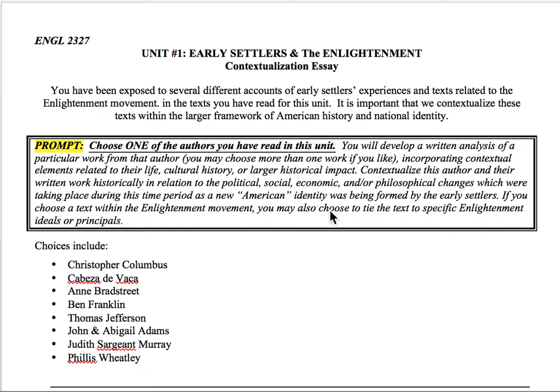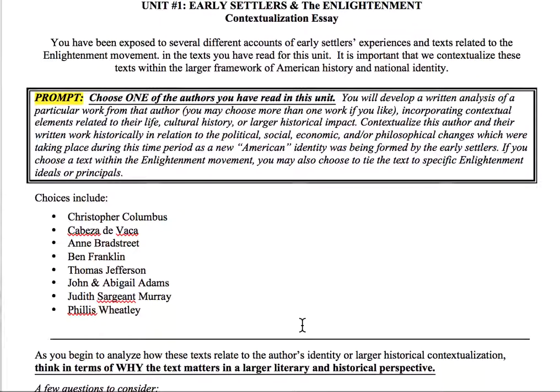But you'll be looking at the text and really examining how they portray or illustrate certain concepts from early American settlement and ideas. So basically what you're going to do is develop a literary analysis of the text.